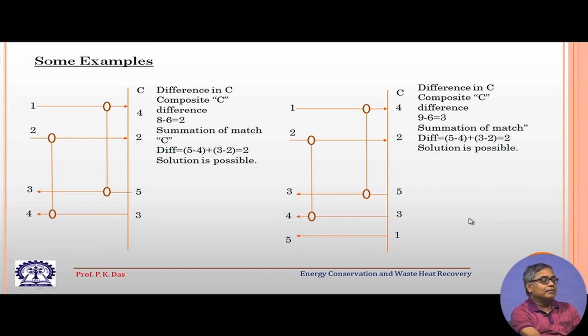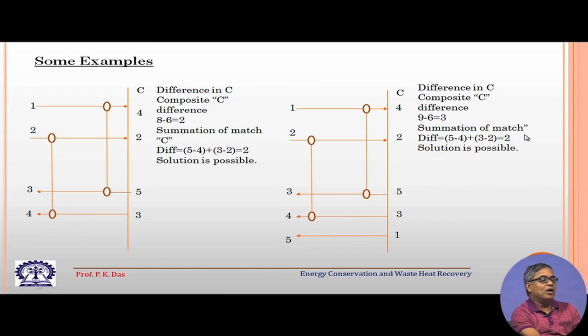And here you see another kind of example we have given, where there are 3 streams on one side and 2 streams on the other. So, the difference in composite heat capacity rate: 5 plus 3 plus 1, that is 9, minus 4 plus 2, that is 6, so 9 minus 6 is 3.